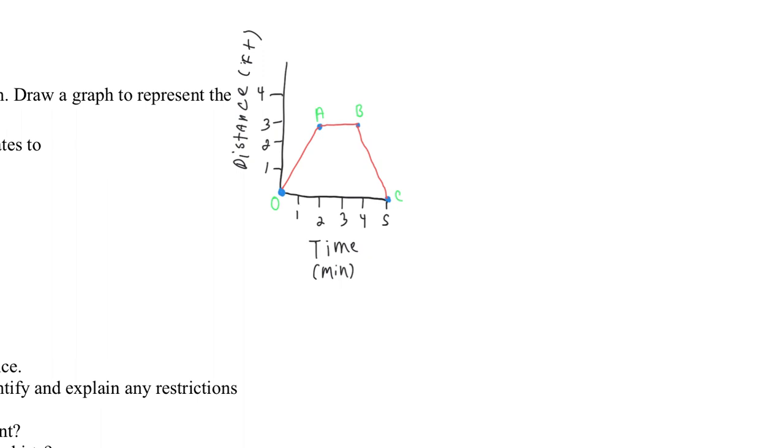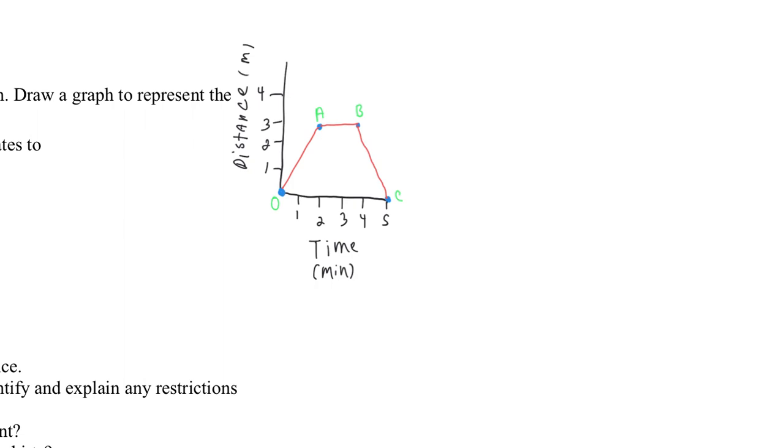Here, from point 0 to point A, it took 2 minutes to walk 3. Maybe feet would be a little bit too small of a unit for this one here, so we might go back and adjust that one to meters. Still not great, but there we go.